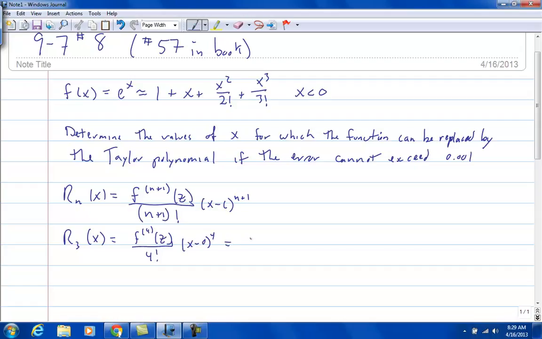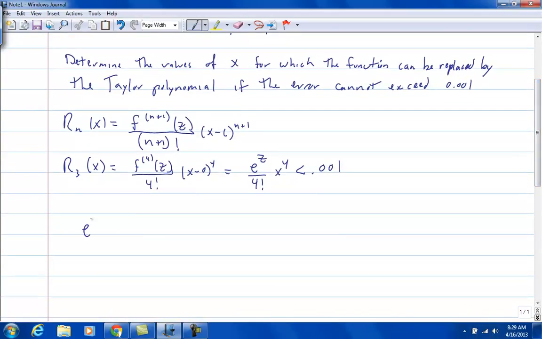This is going to be e to the z over 4 factorial times x to the fourth, and that will need to be less than 0.001.